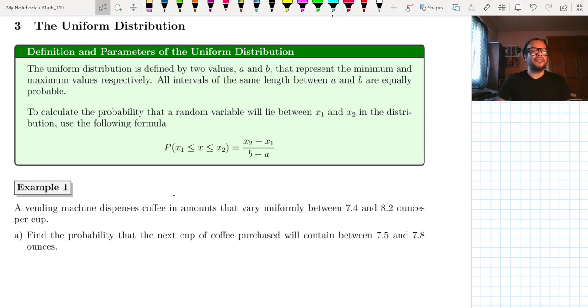In this case we are going to have two values that we know are the endpoints, the minimum and the maximum of the distribution of data. And all intervals should be the same between those values A and B, and they have equal probability.